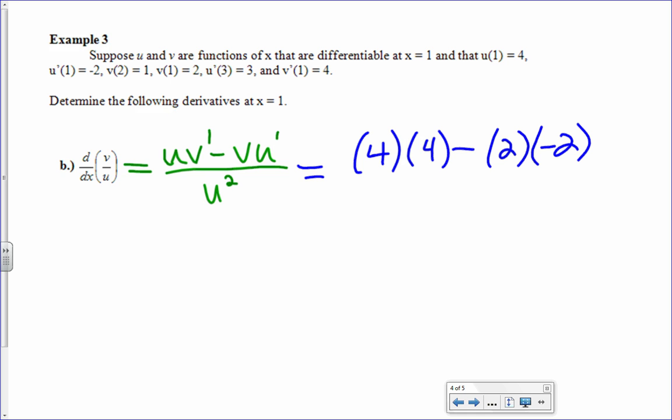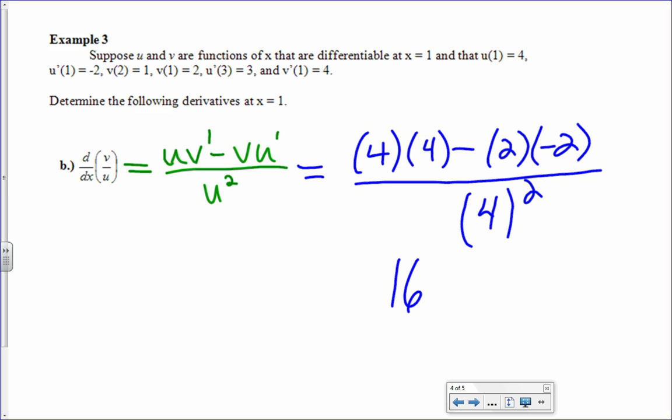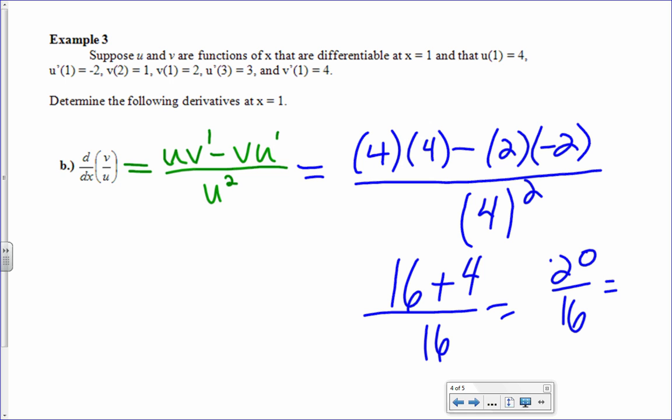All over u of 1 squared, and u of 1 is 4. Everybody good? So what do we got here? 16, actually plus 4, right? All over 16, so it's 20 over 16, otherwise known as 5/4.